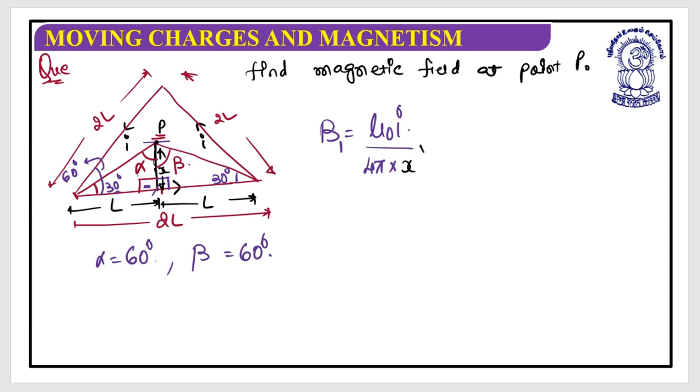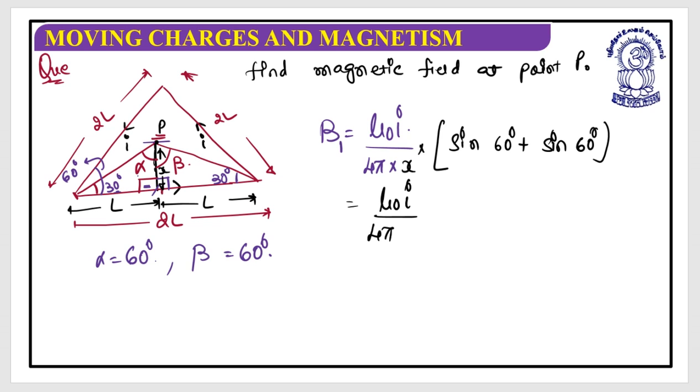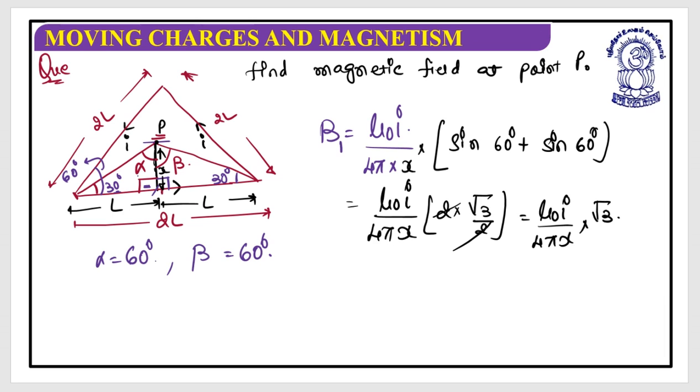It's mu naught I by 4 pi x multiplied by sine 60 plus sine 60. So that is mu naught I by 4 pi x into 2 into sine 60. Sine 60 is root 3 by 2, so that is mu naught I by 4 pi x multiplied by root 3, as the 2 has gone.